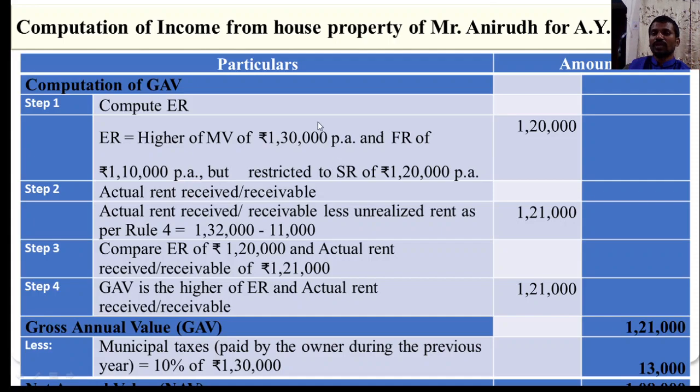Municipal value 1,30,000 ಇದೆ, fair rent 1,10,000 ಇದೆ. ಯಾವ ಜಾಸ್ತಿ ಇದೆ? ಮುನ್ಸಿಪಲ್ ವ್ಯಾಲ್ಯೂ ಜಾಸ್ತಿ ಇದೆ. ಈ ಜಾಸ್ತಿ ಇರೋಂಥ ಅಮೌಂಟನ್ನು ಸ್ಟ್ಯಾಂಡರ್ಡ್ ರೆಂಟ್ ಜೊತೆ ಕಂಪೇರ್ ಮಾಡಿ ಕಡಿಮೆ ಇರೋದನ್ನು ತೊಗೋಬೇಕು. ಕಡಿಮೆ ಇರೋದು ಸ್ಟ್ಯಾಂಡರ್ಡ್ ರೆಂಟು. ಸೊ ಸ್ಟ್ಯಾಂಡರ್ಡ್ ರೆಂಟೇ ಎಕ್ಸ್ಪೆಕ್ಟೆಡ್ ರೆಂಟ್ ಆಯಿತು.